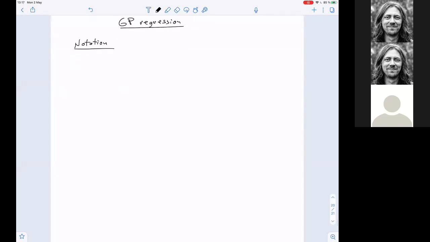In my notation, I will assume that the input space is n dimensional, and we have n training points.